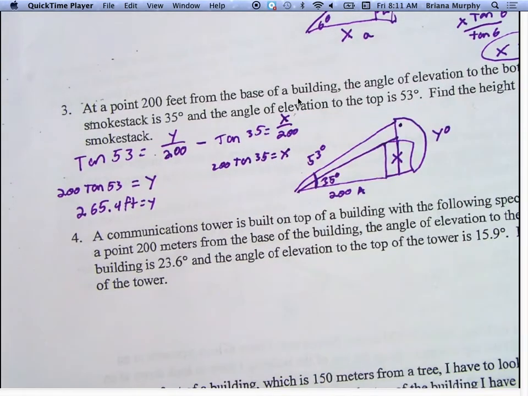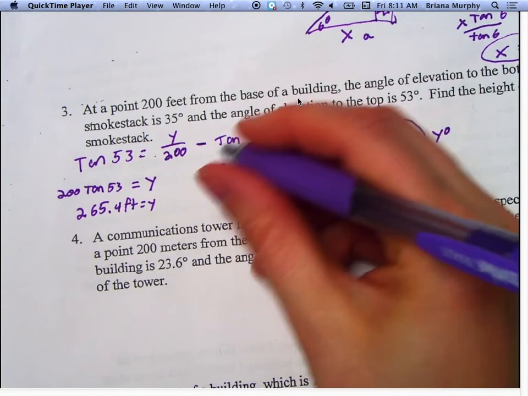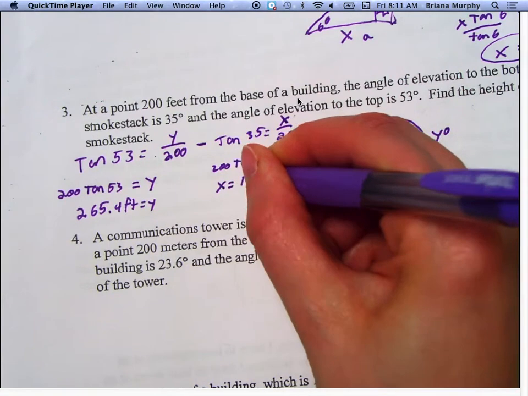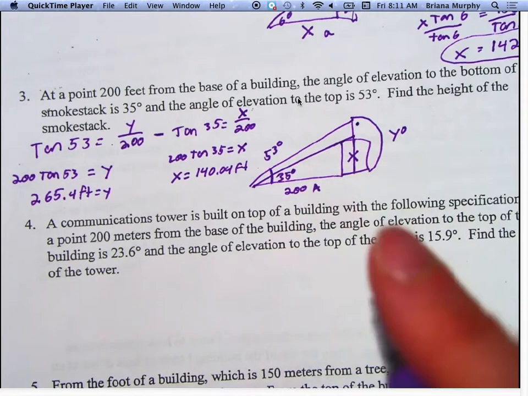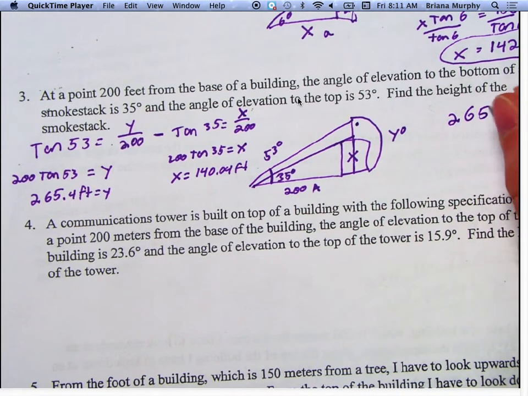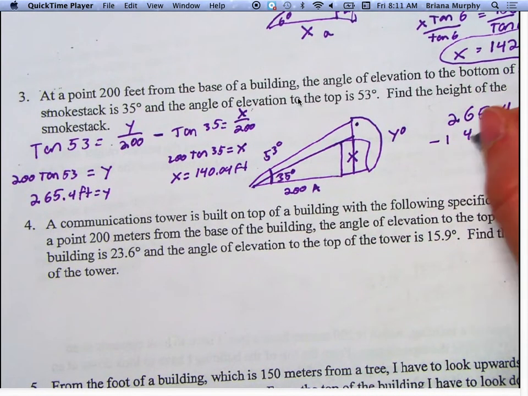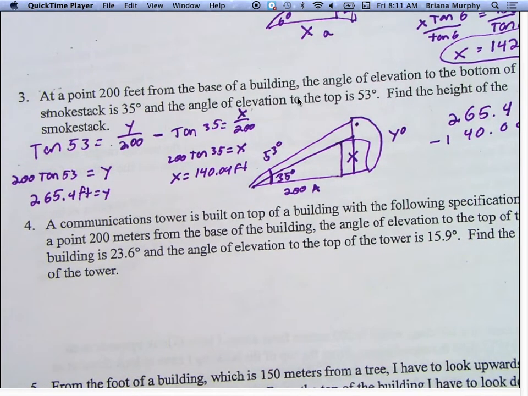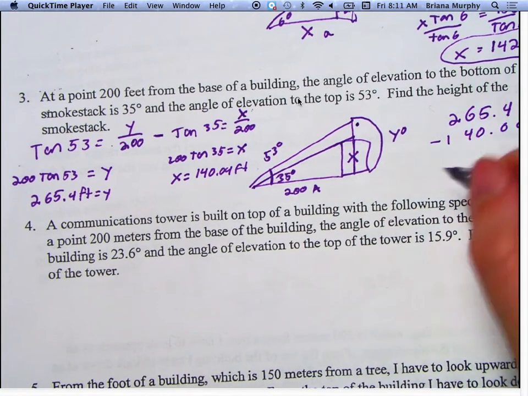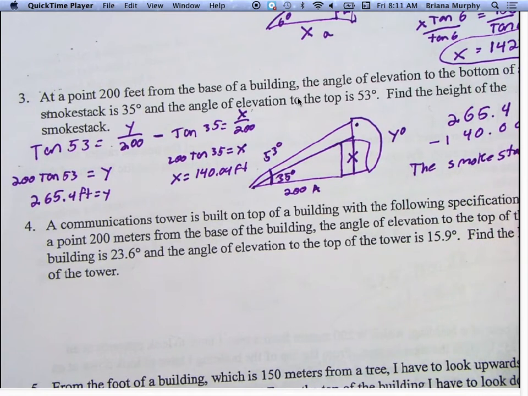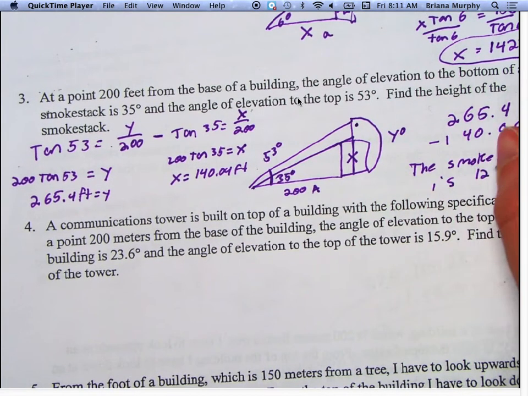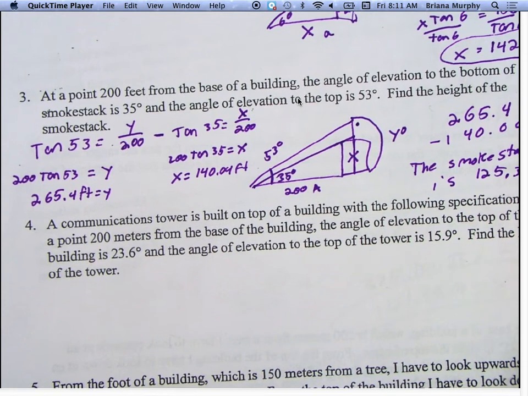This is just going to be the building, which is going to give me 140.04 feet. And then I'm just going to subtract them, right? I'm going to take 265.4 minus 140.04, and I'm going to get the smokestack is 125.36 feet tall.